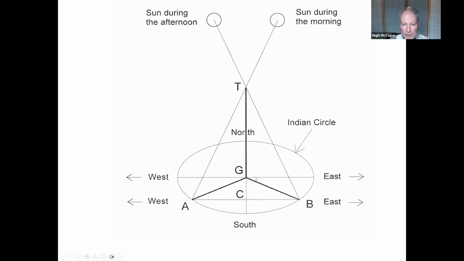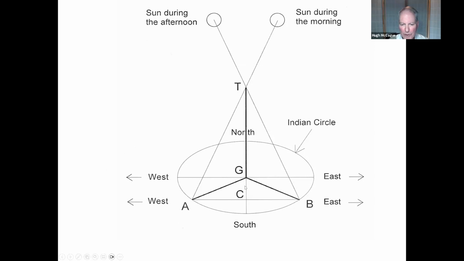It would be a circle. And what one would do, one would observe during the day after the sun rises, so we have the sun during the morning here, the sun's shadow would become shorter, would come across and enter inside what's referred to as the Indian circle. At a certain point, it would come to its shortest.